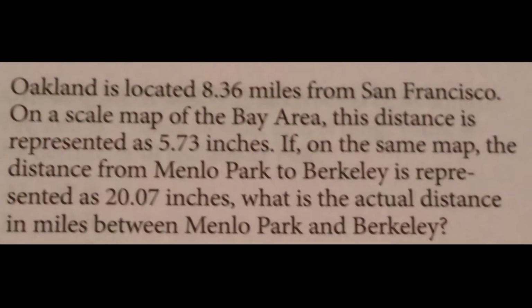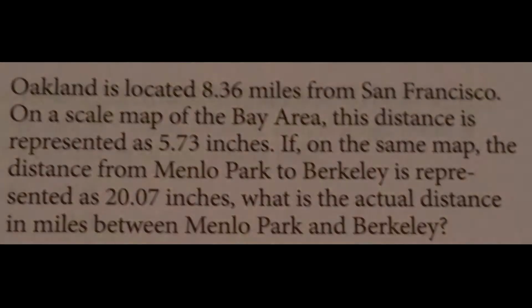Oakland is located 8.36 miles from San Francisco. On a scale map of the Bay Area, this distance is represented as 5.73 inches. If, on the same map, the distance from Menlo Park to Berkeley is represented as 20.07 inches, what is the actual distance in miles between Menlo Park and Berkeley?